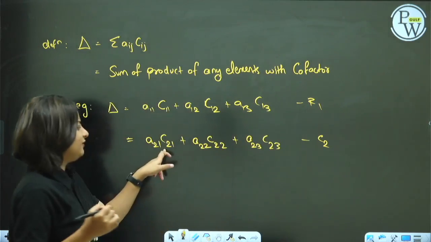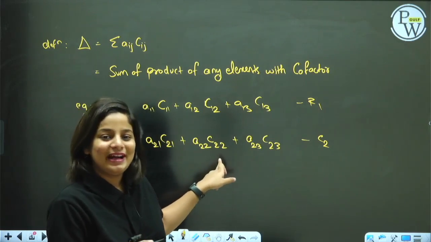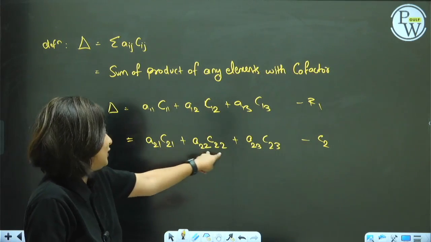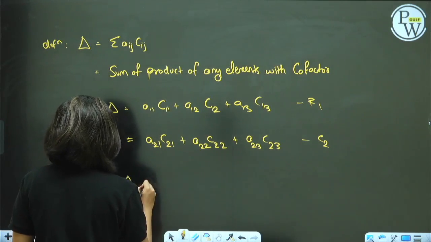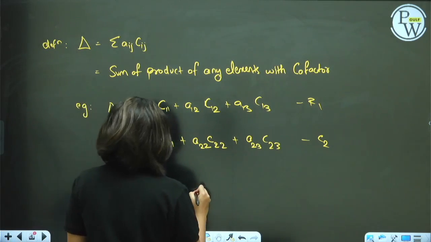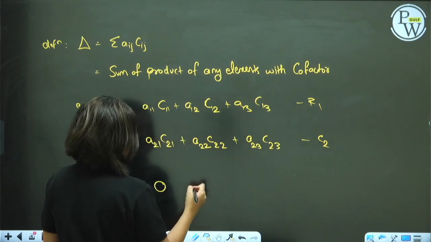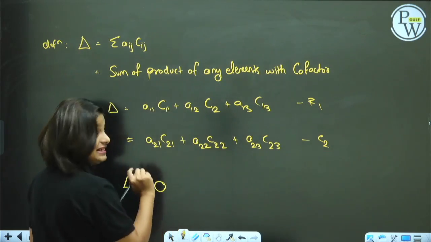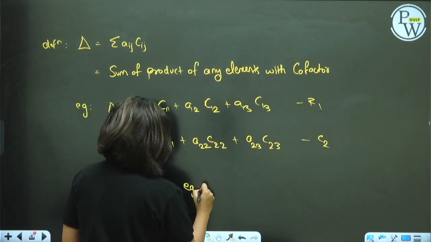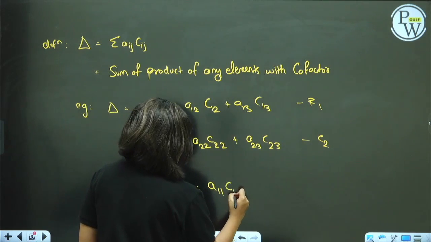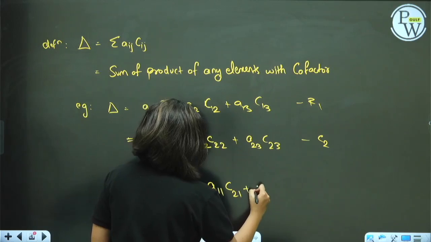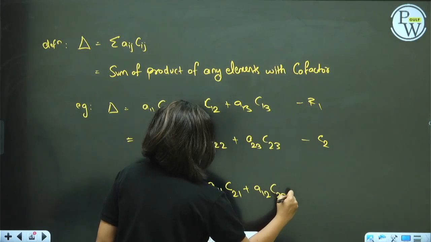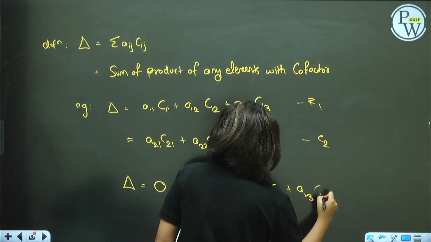What will happen if you multiply with some other cofactor? Suppose you are not taking the same row or column, you are taking some other number. What will you get in that case? You will get a 0. Example, A11 C21 plus A12 C22 plus A13 C23.